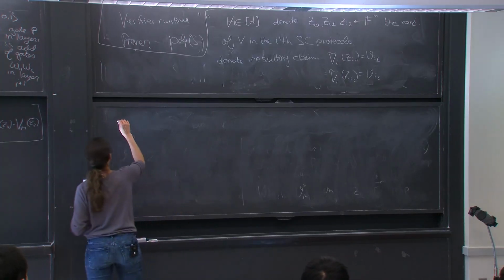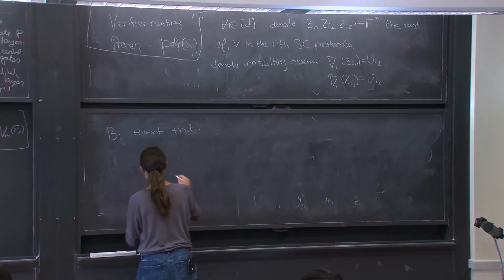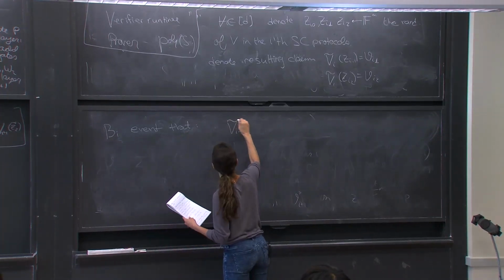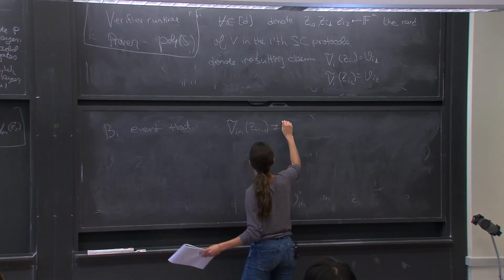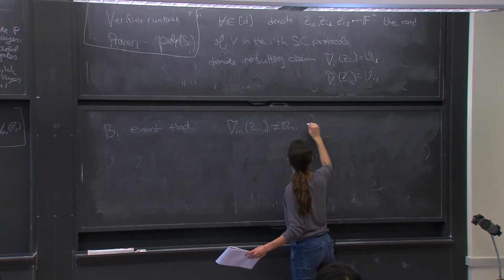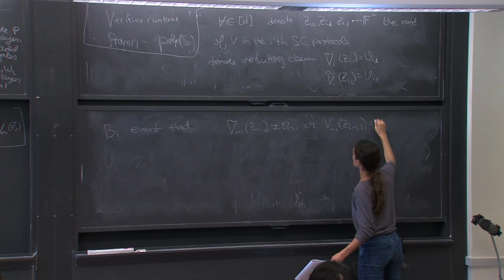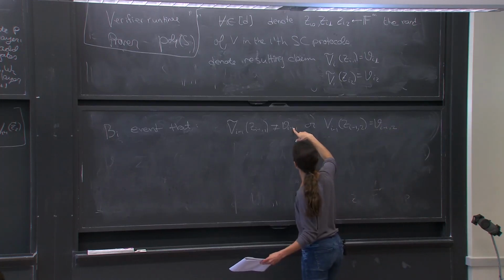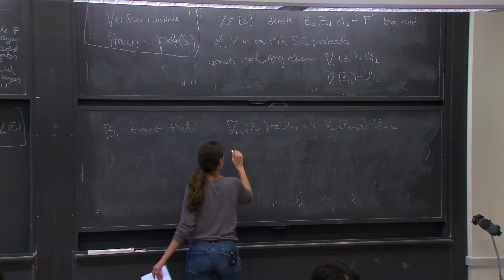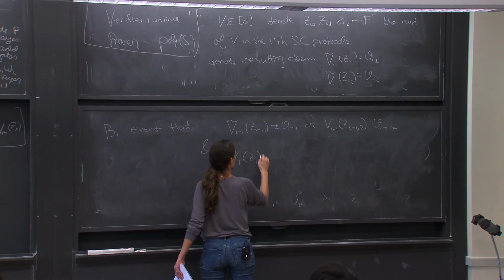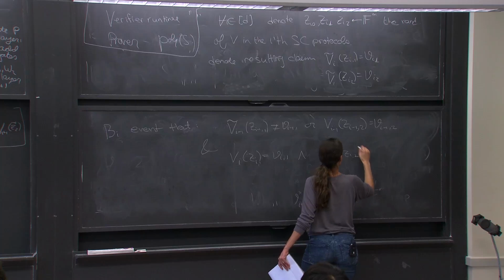So B_i is the event that in round i-1, V_{i-1} and Z_{i-1}, one of the claims is not true, at least one of them is false, but in round i both of them are true miraculously: Ṽ_i(Z_i^1) is equal to V_i^1, and Ṽ_i(Z_i^2) is equal to V_i^2.